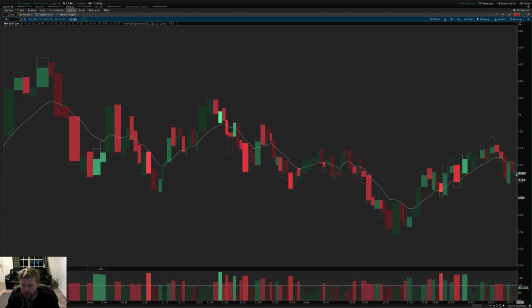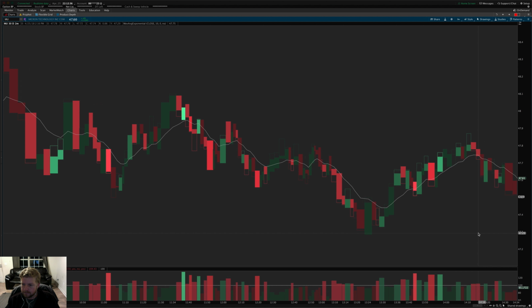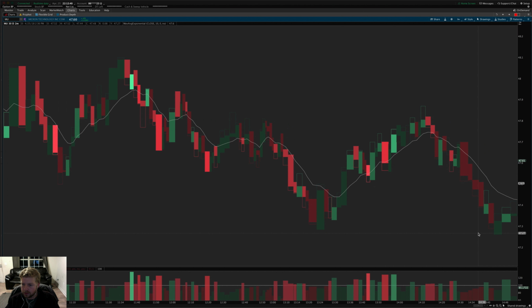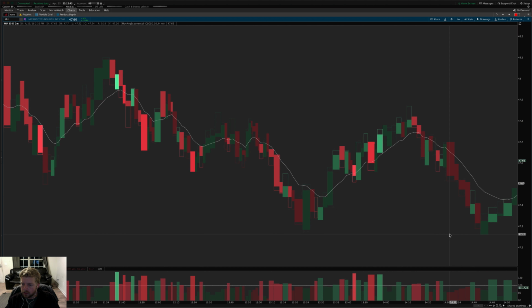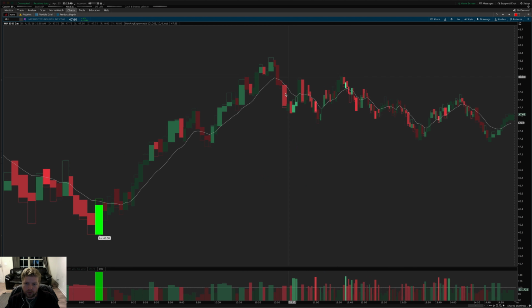So this would be a valid short. Low volume and low commitment. And it looks like that one would have worked for 2Rs. I don't see any other signals here, and it looks like that's the close. So several trades through the lunch hour.